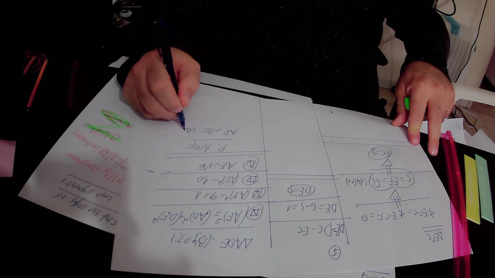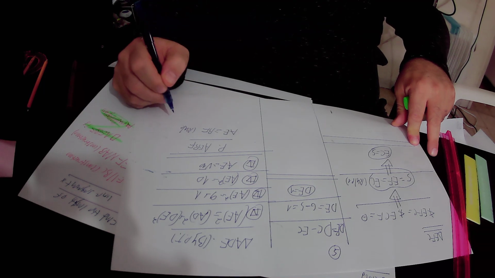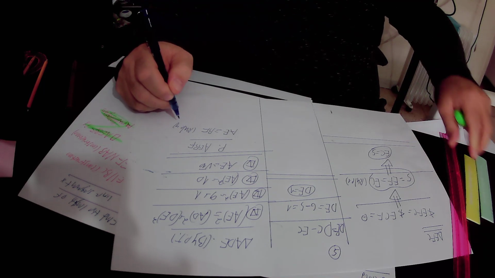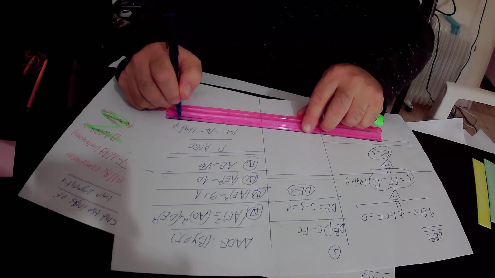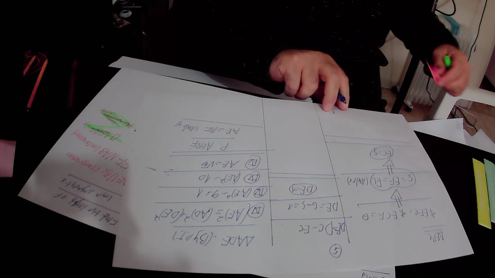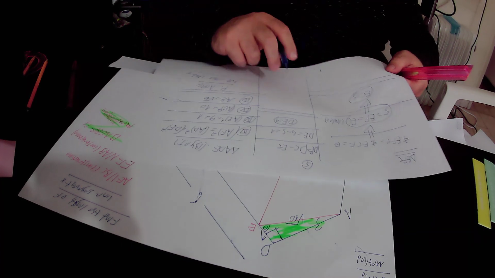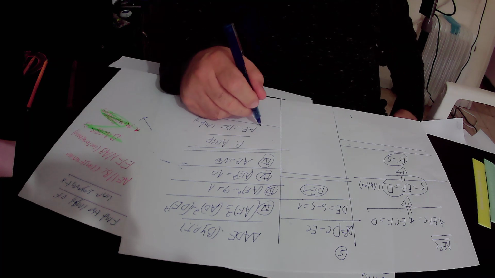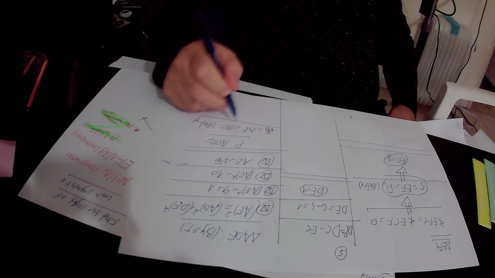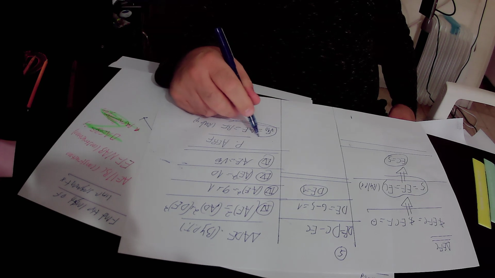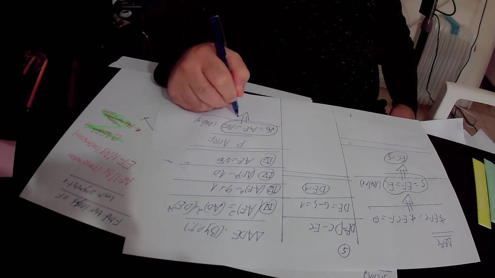But we just found that AE equals the square root of 10 units. So from this equation, the square root of 10 units equals AE equals BF.